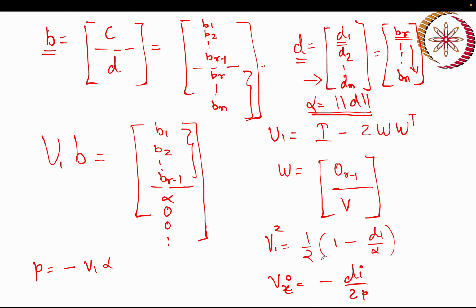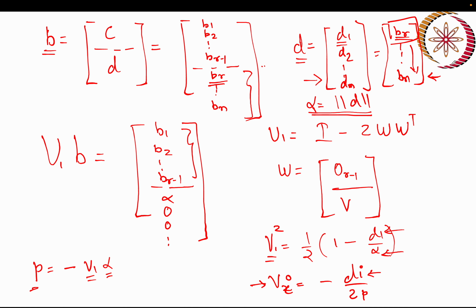Okay, so now with this we know the alpha value, we know the d1 value, which is nothing but this br, the vector we are interested in. So this d1 we have, so we will get v1. Once we have v1 and alpha, we'll get p1, and once we have p1, we can compute the next v values, because we know the d vector itself, which is already given.